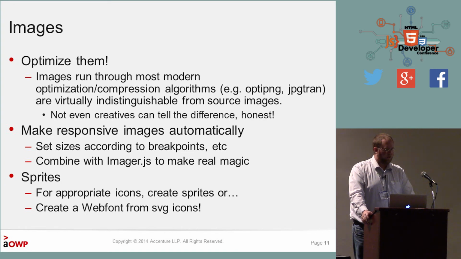You use something like Grunt Clown Car, or there's a couple of other ones. Imager.js is also fairly popular for that, where you can create those images automatically. They're just automatically added to the source, and then it's added to your CSS files so that on the smaller viewport sizes you load the smaller images, and then you sort of automatically get the right size for the right viewport size.